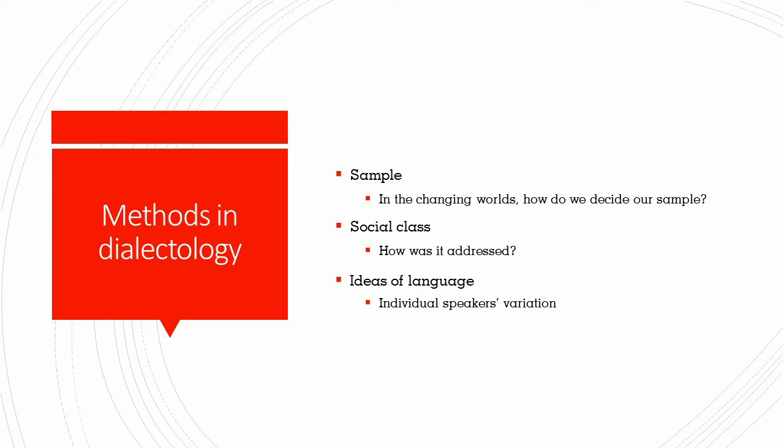The next issue involves basic ideas about language. The data collection methodology often assumes that a person does not have language variation in their speech. According to this view, when a person says a word in one way, he or she will not say it in another way.